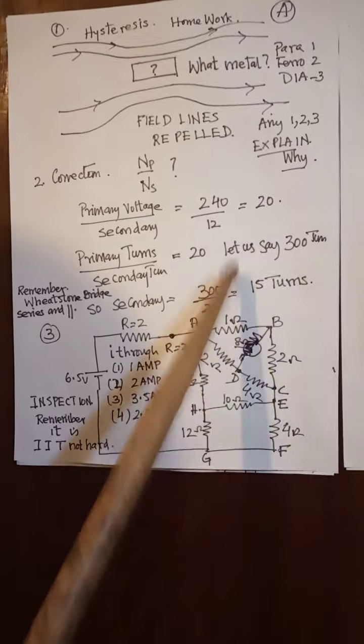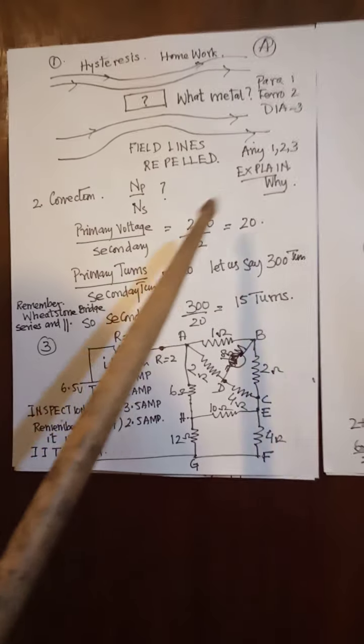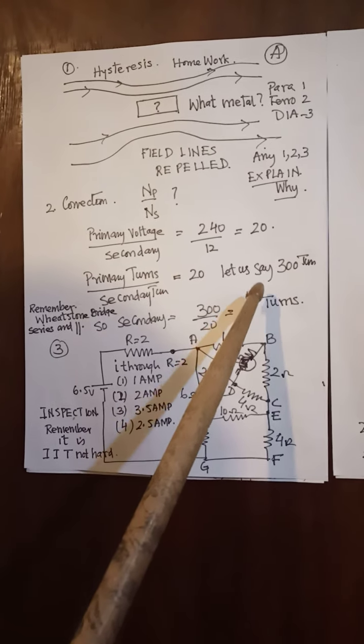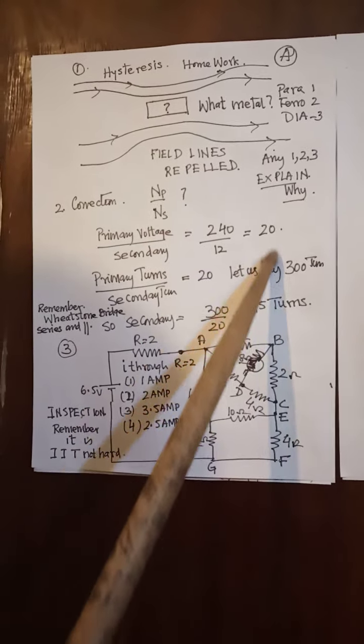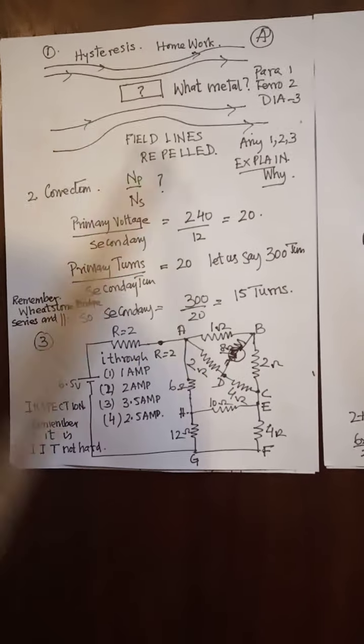So you have some correction on that, minor correction on the number of turns. So it's very important. And this also we have to remember, taking the efficiency as cent per cent. There is no loss of voltage between the primary and the secondary.